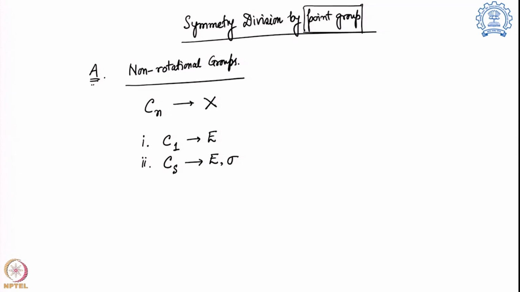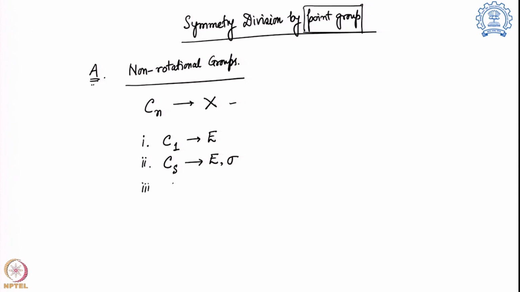As we have discussed earlier, this is defined by the presence of a Cn axis or any other C2 axis. As this particular point group does not have any Cn axis, we are saying this as only sigma without differentiating as sigma h, sigma v or sigma d. So, this is the second point group possible.